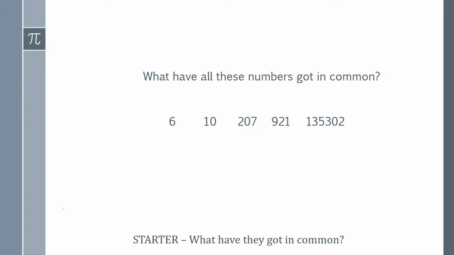And the answer is, every number in this list, if you are colouring in the holes, has one hole to colour in. That's my answer anyway. You might have other answers that are also true.